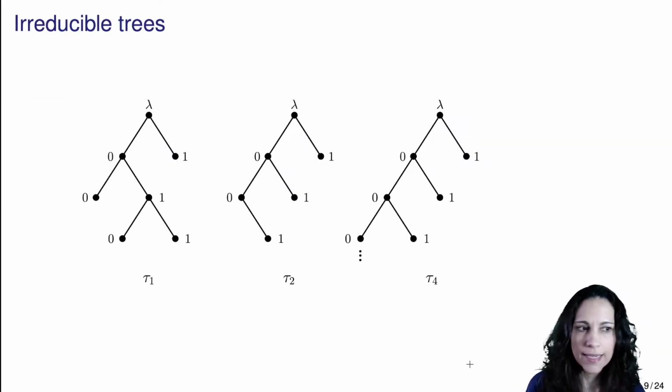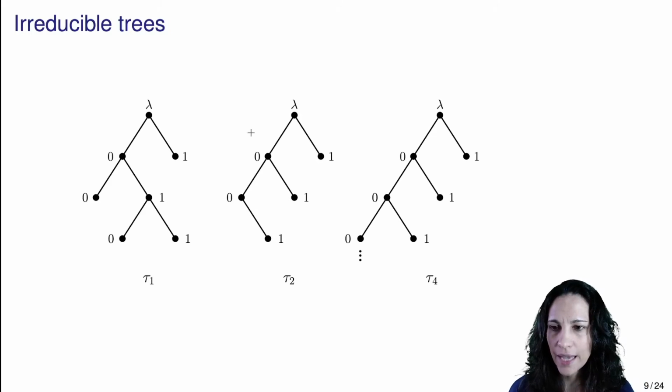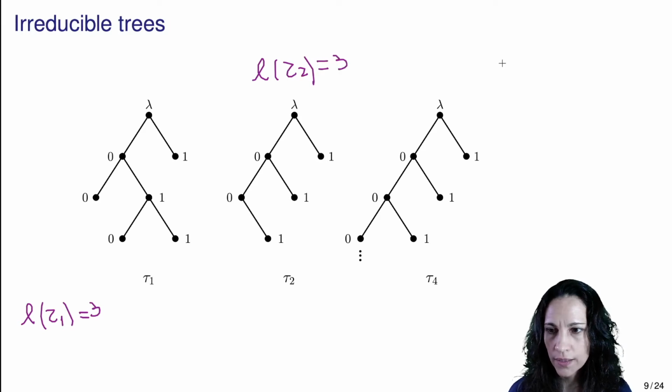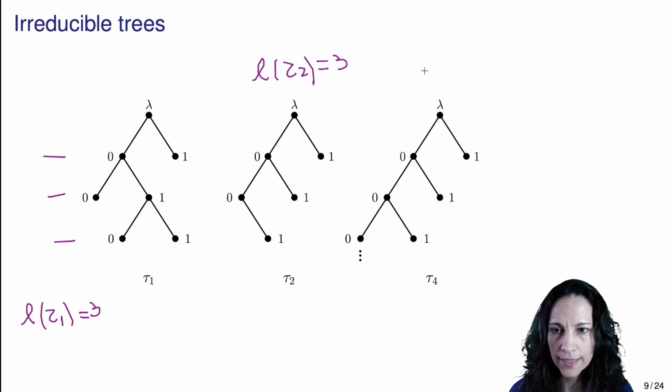So let's see in the examples here, we have that the height of tau 1 is 3, the height of tau 2 is also 3. Okay, so 1, 2, 3, we count each level in the tree without counting the root, and the height of tau 4 is infinite.